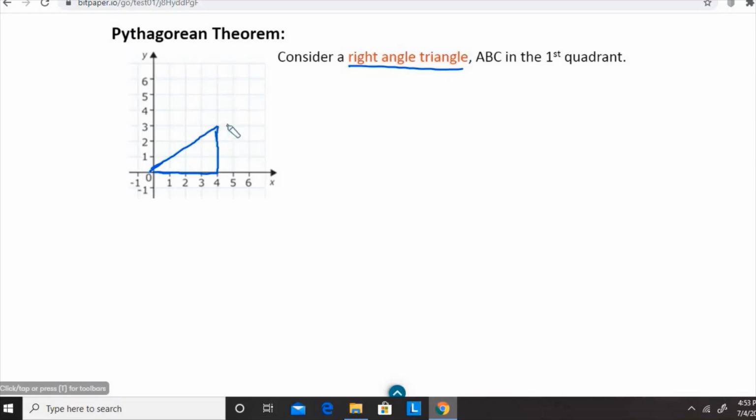The area of squares. If I construct a square over here, let me call this side A, and let me call this side B, and this side C. So the area of this square is A squared, and if I construct a square where the side is B, then it would look like this.